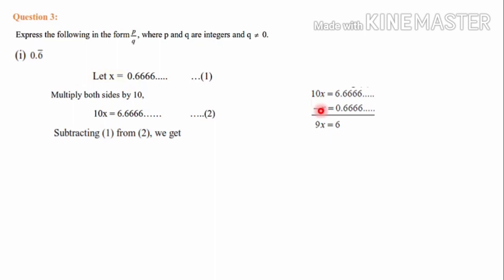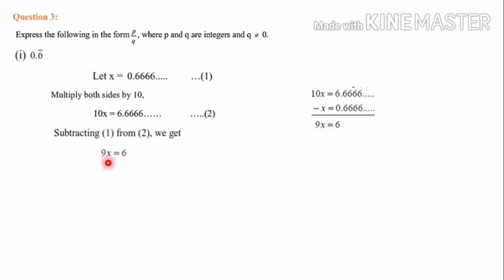Then 10x minus x we will get as 9x, and after the decimal all the digits become 0, means 6 minus 6 is 0, again 6 minus 6, again 6 minus 6, so after the decimal all digits are gone. Then only 6 minus 0 we will get as 6. So when you subtract, you will get the equation as 9x is equal to 6.